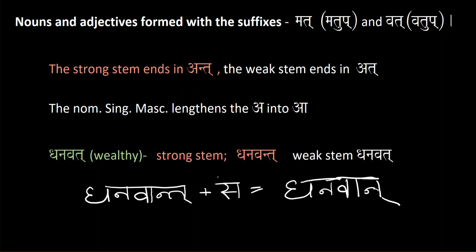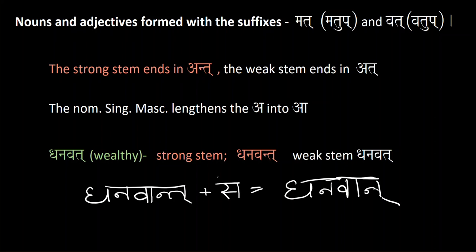So in the last two lessons, we learned how to form the stems for nouns ending with the suffix mat, and we did a declension of dhimat, and we showed you an example of that. Now we are going to form the stems for a noun that ends with the suffix vat.